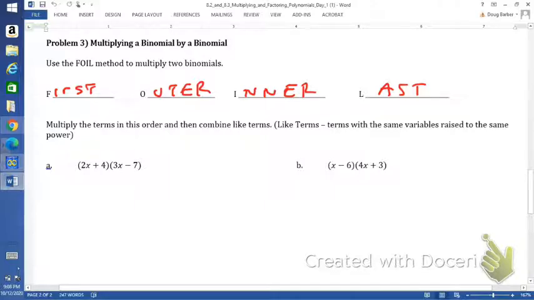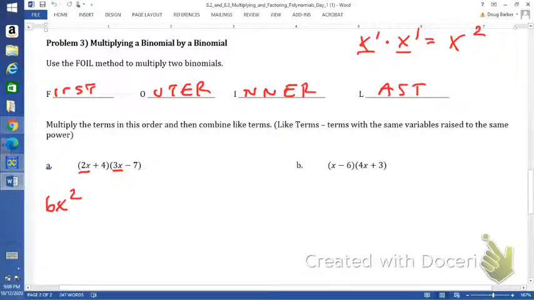What we're going to do first is multiply the first terms. So we have a 2x times 3x. So 2 times 3 is 6, x times x. So x to the first times x to the first gives us x to the second. Remember, multiply powers with the same base, add the exponents.